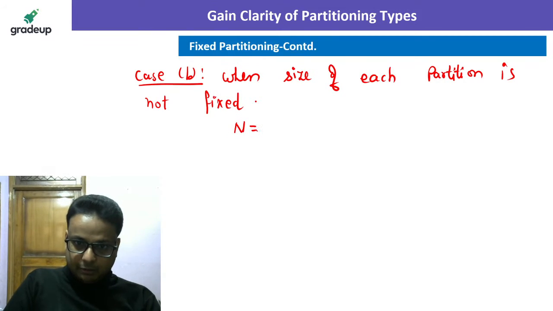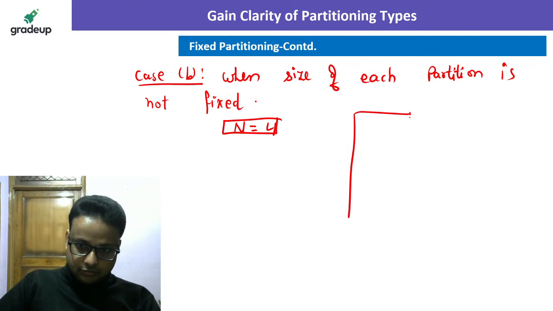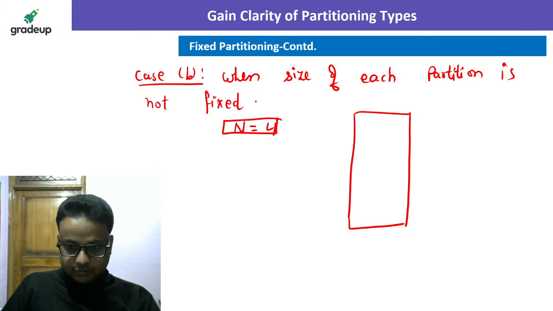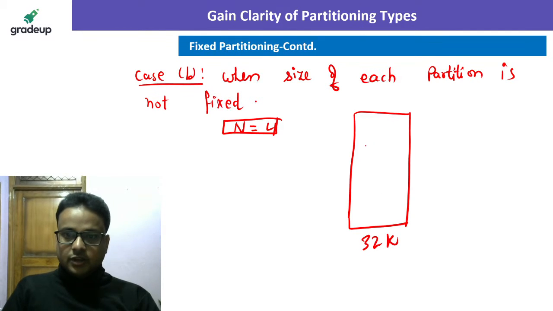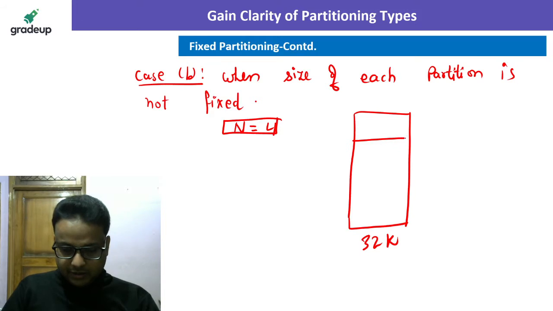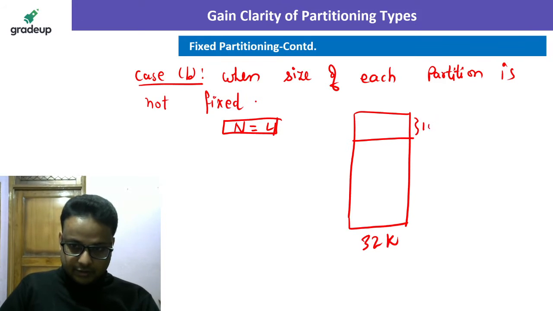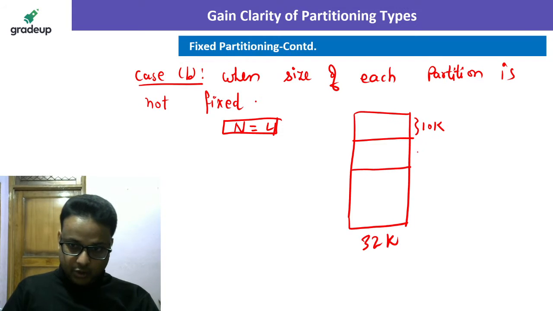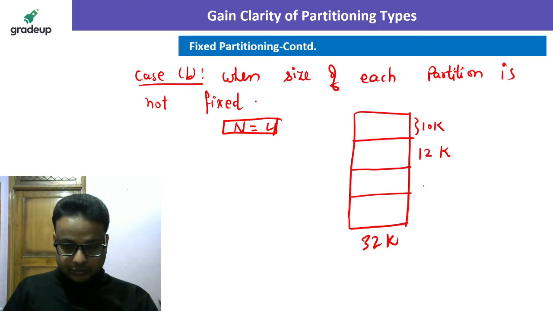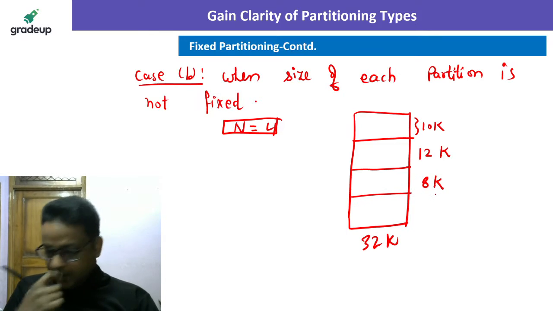Let's say the number of partitions is 4, and let's say the remaining memory is 32K. Because the size of each partition is not fixed, just for simplicity I am taking 10K, and 12K, let's say 8K, and the remaining.